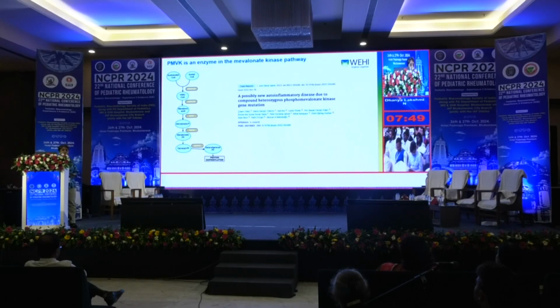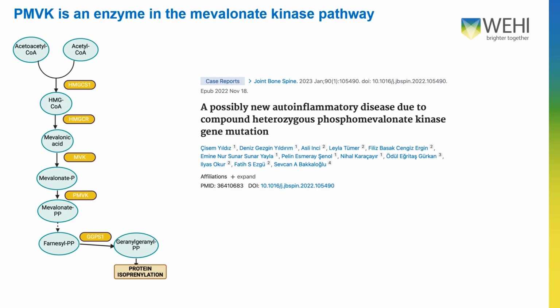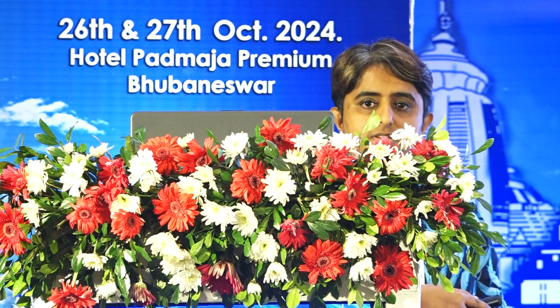The next step was to search the literature to find out what this PMVK gene stands for. PMVK encodes the PMVK enzyme, which is an enzyme in the mevalonate kinase pathway. We already know about mevalonate kinase, MVK, associated diseases, which is an autoinflammatory disease associated with this pathway.